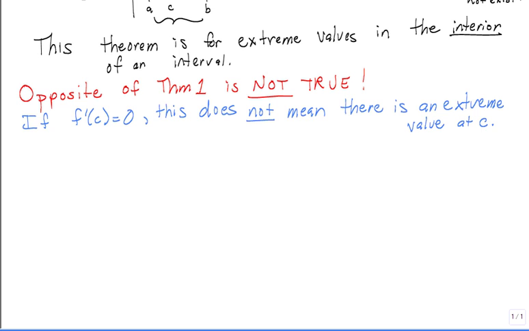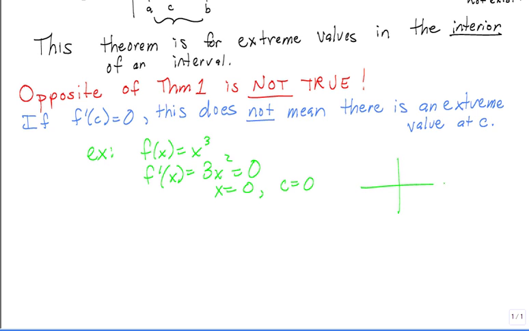For an example of that, let f of x be x cubed, take the derivative, and set it equal to 0. That gives you x equals 0, or c equals 0. But if you graph x cubed, there's a horizontal tangent line, but not a max or a min at 0. So f prime at 0 equals 0, but we have a horizontal tangent line, which is not a max or a min. So that's really, really important.